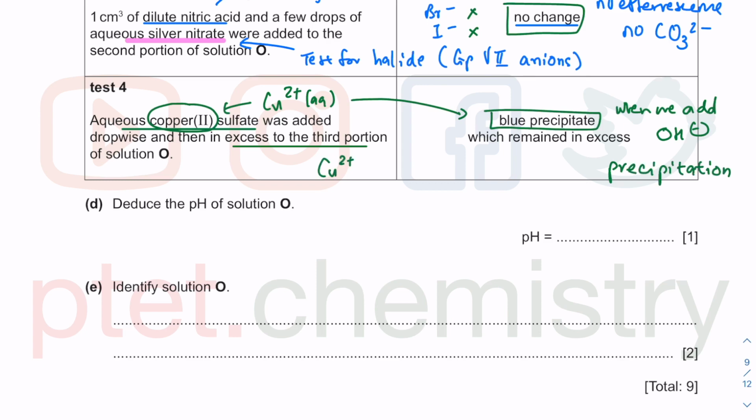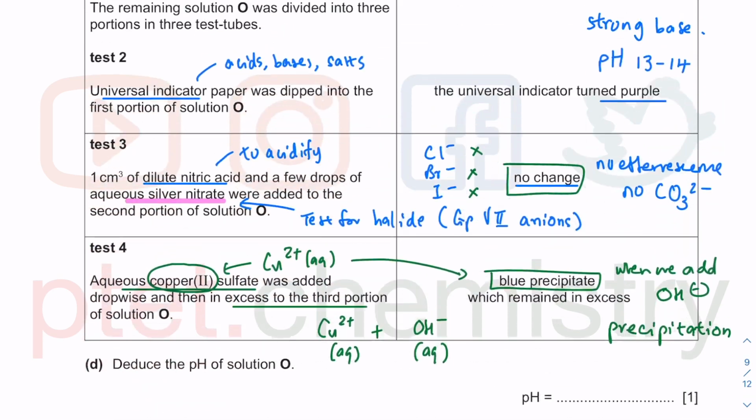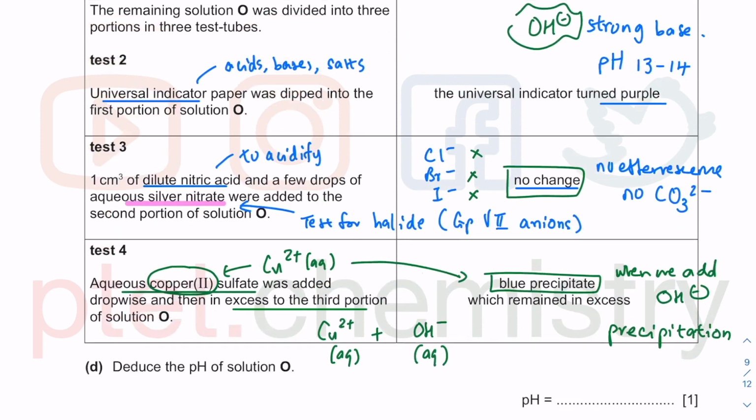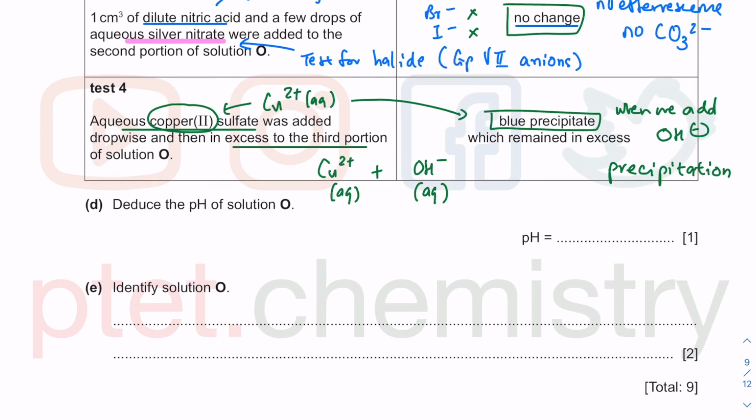The Cu2 plus aqueous from the solution in the test tube, you must have added hydroxide because it was a base or alkali that gave you the purple color with the universal indicator. Bases contain OH minus, so this OH minus will react with Cu2 plus to precipitate out copper 2 hydroxide.